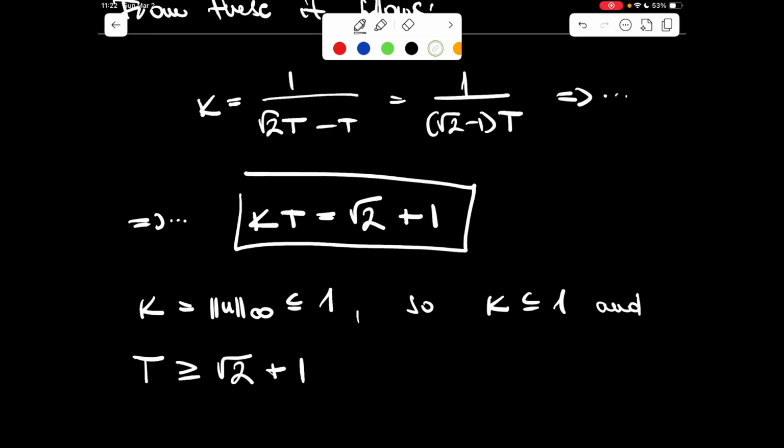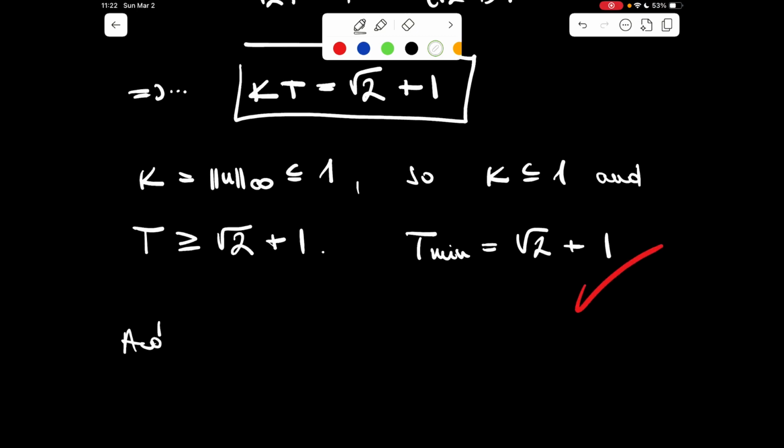Its minimum is when the inequality holds with equality. So we have the minimum time. And most importantly, k is 1.